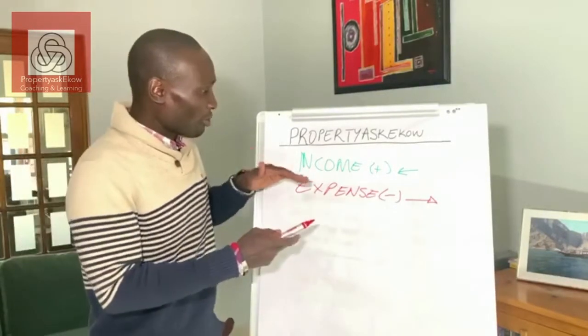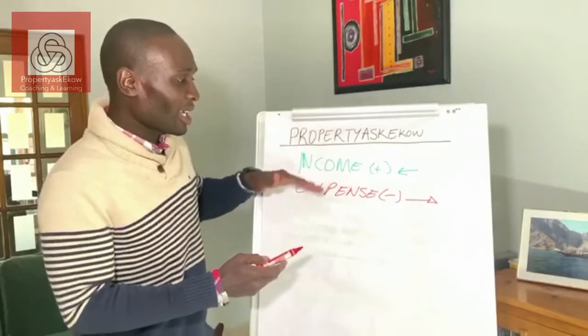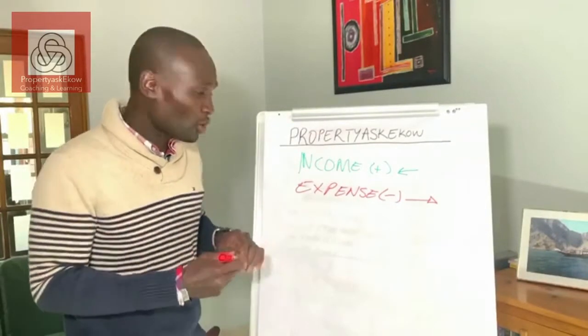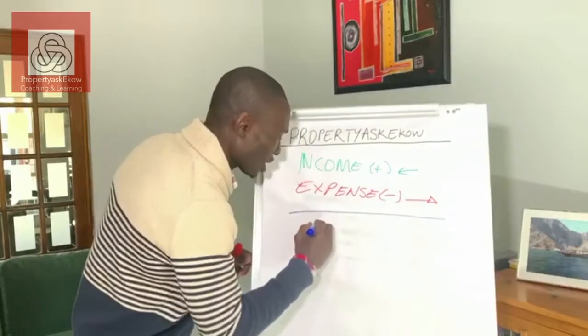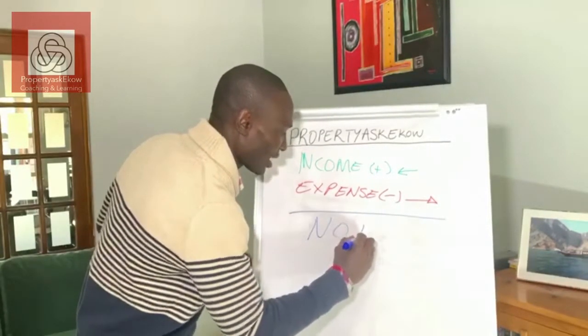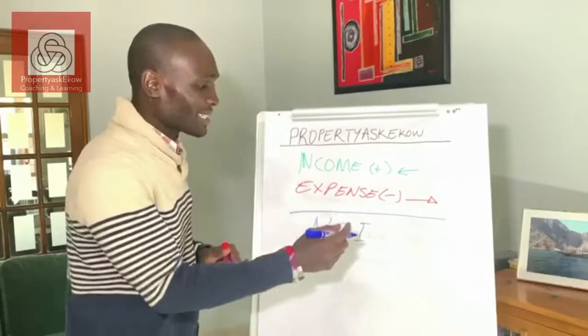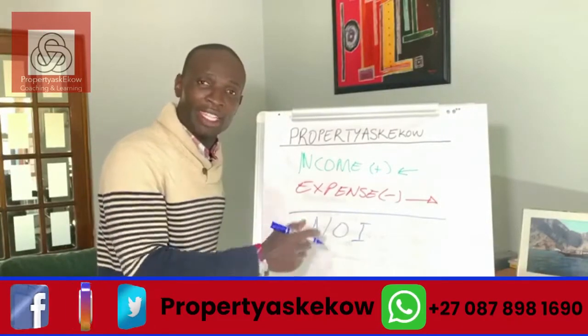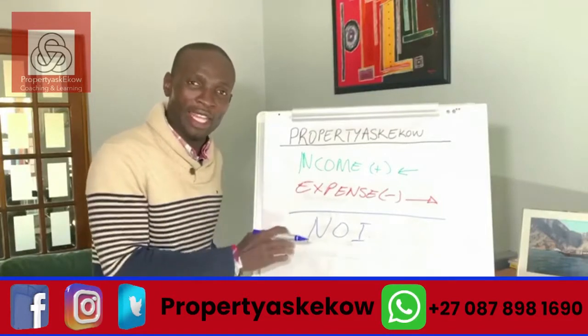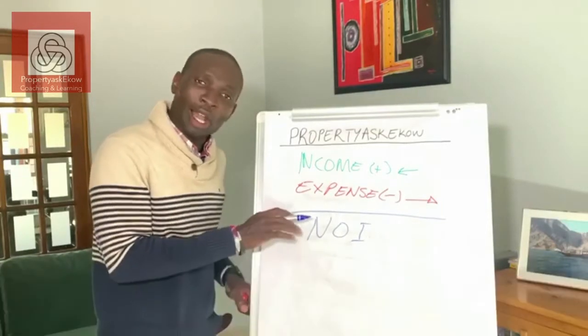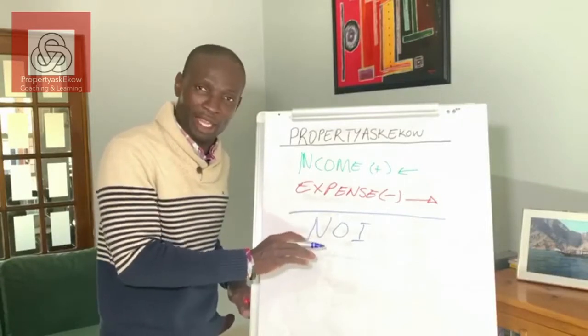Now, your income less your expense will give you what we call the net operating income, which we call the NOI, right? And the NOI is basically what the banks look at. So a bank will finance your business based on what your NOI number is.